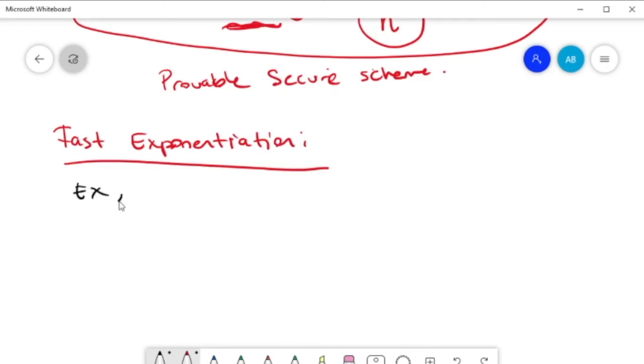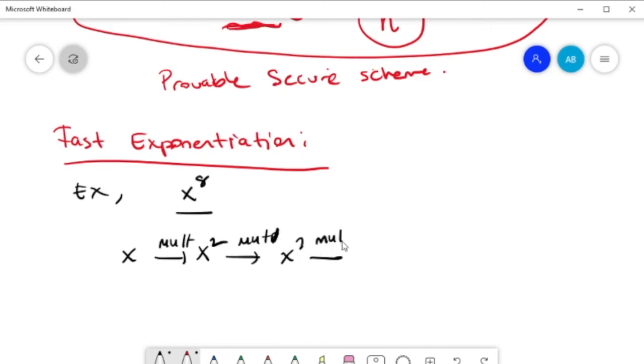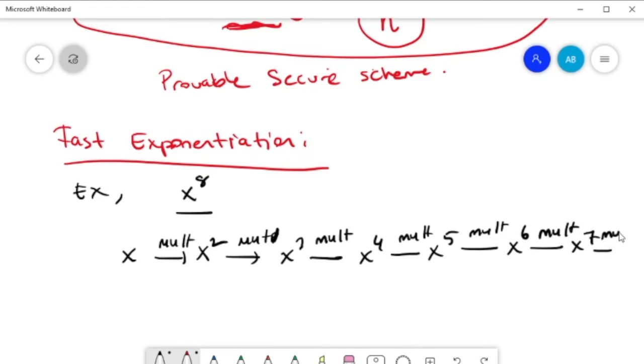Let's start with an example. Let's compute x to the power 8. We can do it by multiplying x by itself: we obtain x squared, multiply with x, we obtain x cubed, then x4, x5, x6, x7, and x to the power 8.